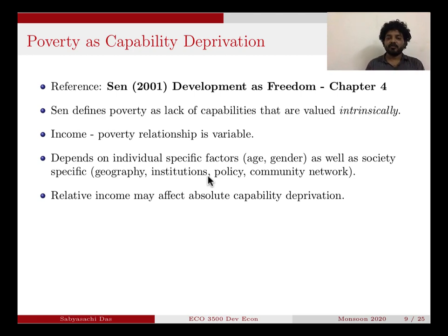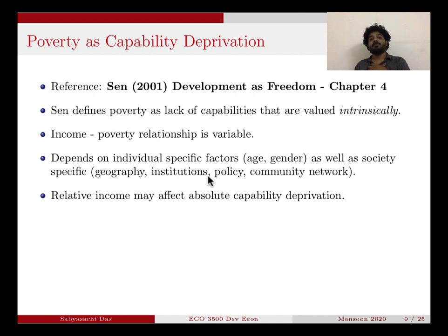One point to mention, on which we'll talk about a few slides down the line, is that relative income of an individual may have absolute capability deprivation. So what do I mean? Even if my income is the same between now and tomorrow, but others have gotten much richer, so my income relative to the rest of society has fallen, then it can hamper my absolute capabilities.